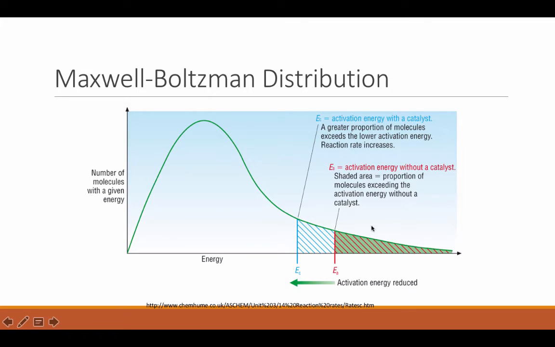Only molecules that collide with an energy above the activation energy will be able to be converted to product. However, if we lower the activation energy using a catalyst, more of our molecules will now have enough energy to overcome this activation energy barrier. Notice we haven't changed the energy of the particles, we've simply made the energy barrier lower.